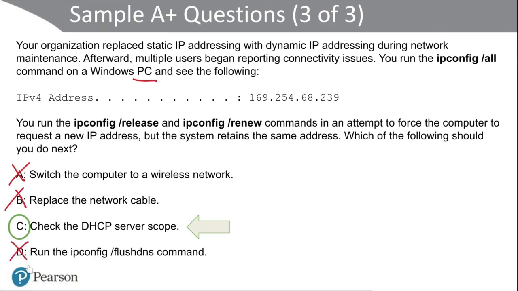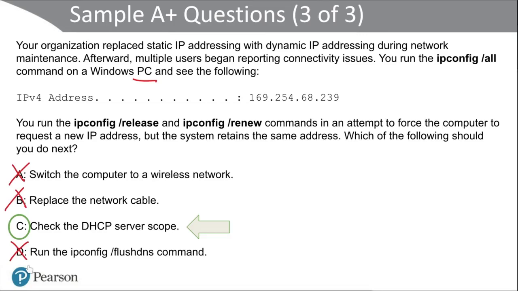And finally, running the ipconfig/flushdns command would remove any DNS entries, meaning host to IP resolution entries. It would remove those from the DNS cache. But DNS was not mentioned in the scenario and should not be the issue.